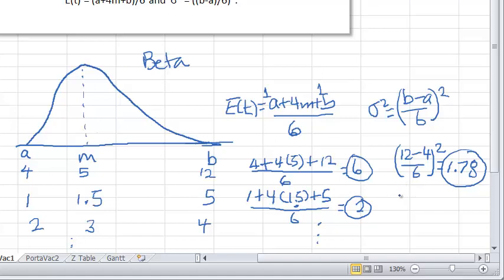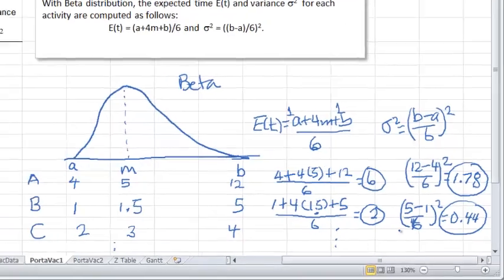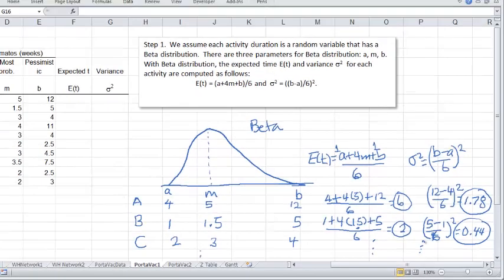For B, we would say 5 minus 1, and then 6, and square that. So that's 4 over 6, and then square the 4 over 6, giving us 0.44. Okay, and so forth, and so on.